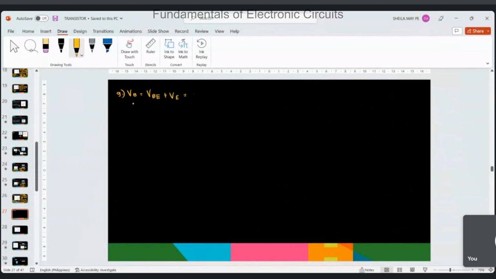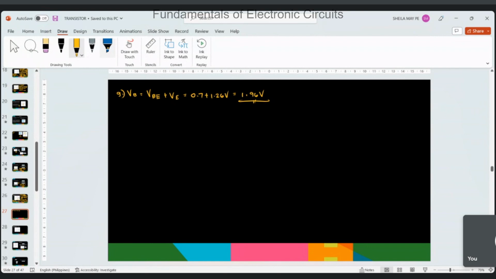So that's 0.7 plus, what's our VE? 1.26 volts. So that's 1.96. 1.96 volts. That's for our VB.